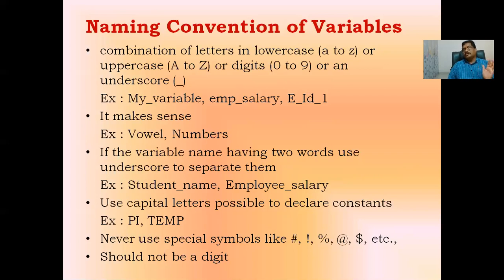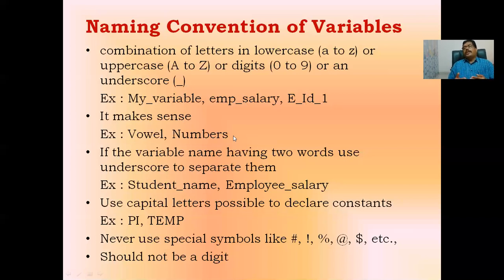Means it is a combination of lowercase or uppercase or numbers or underscore. Like this we frame a variable name. Examples we consider here: my variable, my underscore variable, emp underscore salary, capital E ID, like yd hyphen 1, we represent.